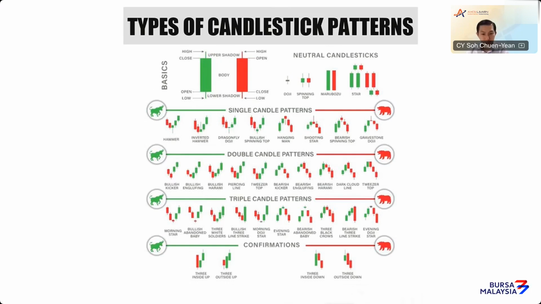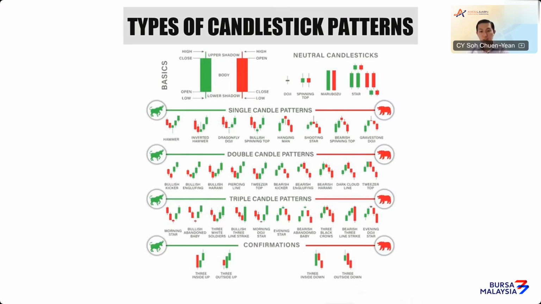We have double candle patterns, where after the reversal day you wait for the second trading day to confirm whether there is a valid reversal. Then we improve on it with triple candle patterns, where on the third trading day you double confirm whether there is a valid reversal. So you need to identify any shift in trend or even reversal.